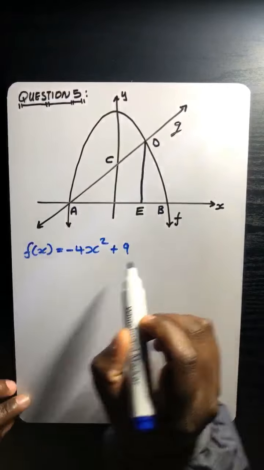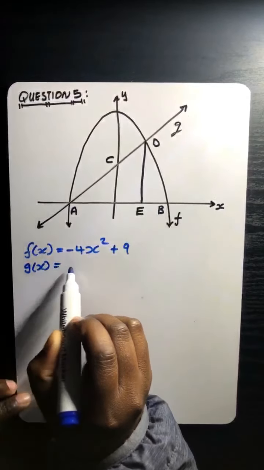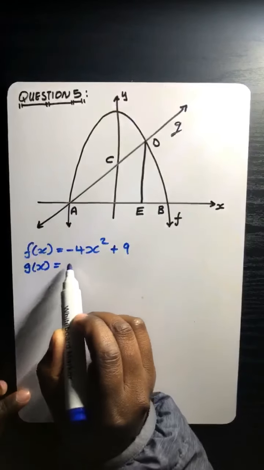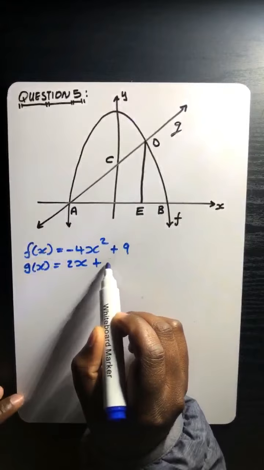Let me write it there: g of x equals 2x plus 3.